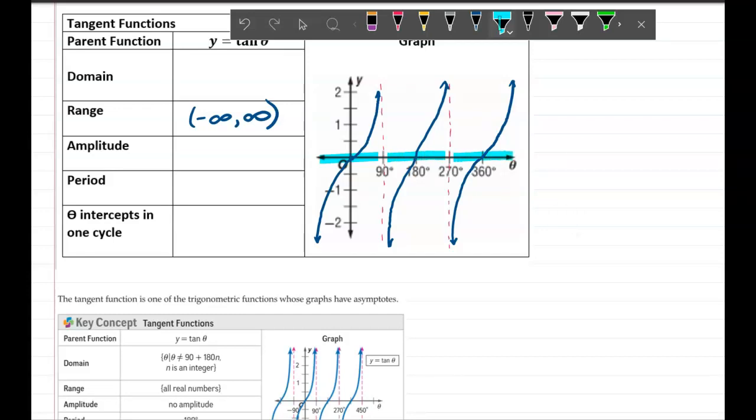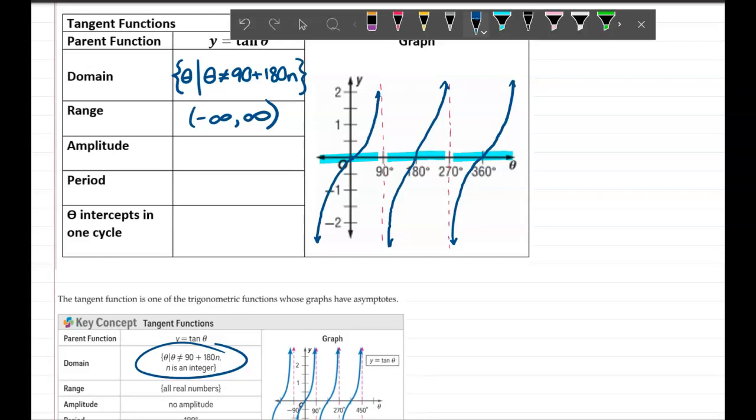So we have to account for these breaks in the domain. This is one way to write it, to say that the domain is theta, where theta does not equal 90 degrees, and every 180 degrees after that. That's one option.